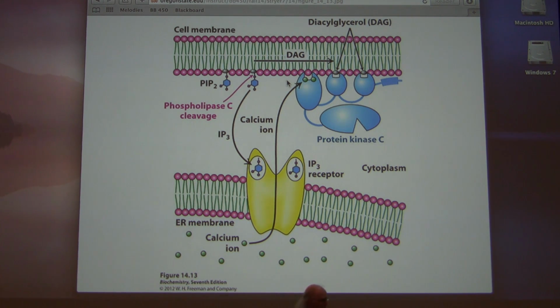What is happening here is the binding of protein kinase C by both diacylglycerol and calcium causes protein kinase C to become activated. And activation of protein kinase C can cause many things to happen in the cell, including specific gene expression.